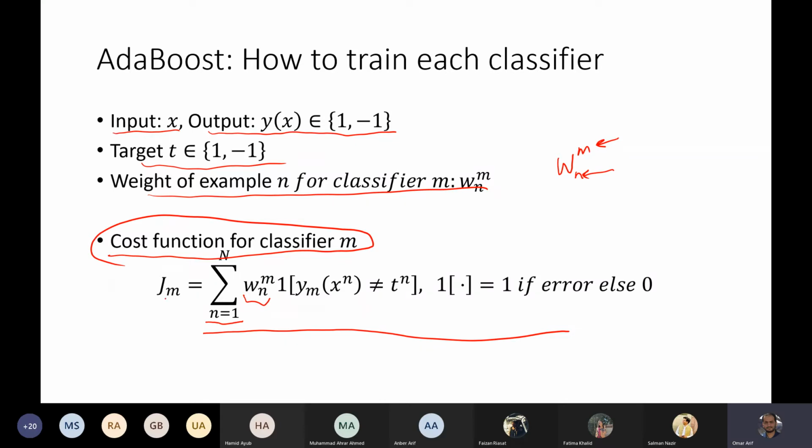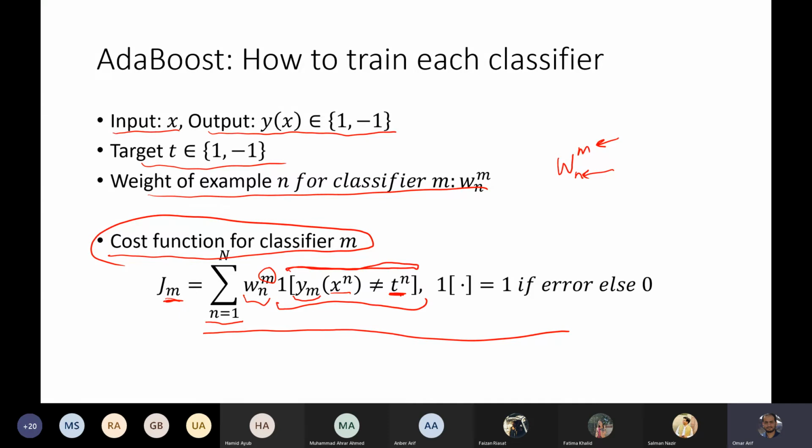Since we are doing it for the mth classifier, the M is there for that, and y_M is the output of the mth classifier for the data point X. If it is not equal to the true value, then this indicator function would be 1, otherwise it would be 0.